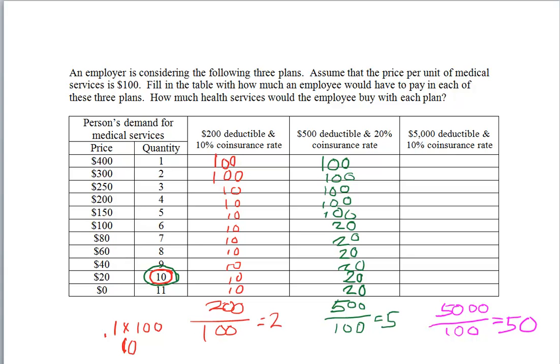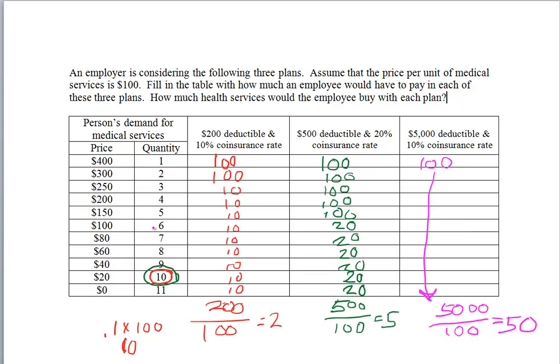And he's not going to be willing to buy 50. So everything this person buys is out of pocket. So it's $100, which is our price for everything, because he hasn't fulfilled the deductible. Even if he gets all 11 units, that's only $1,100. That's not $5,000 yet.